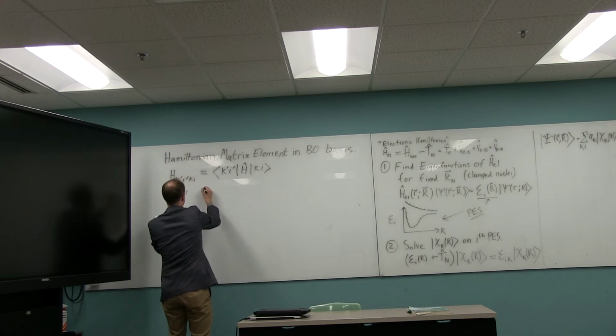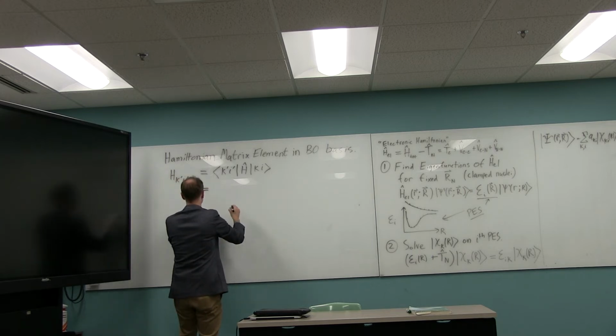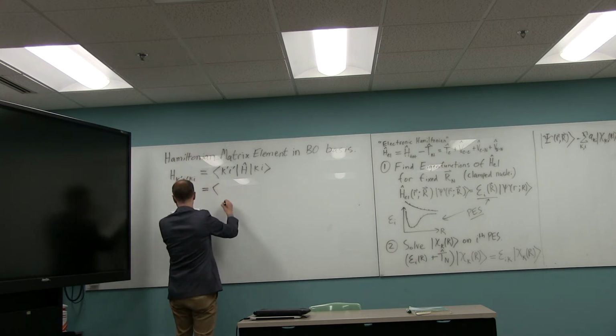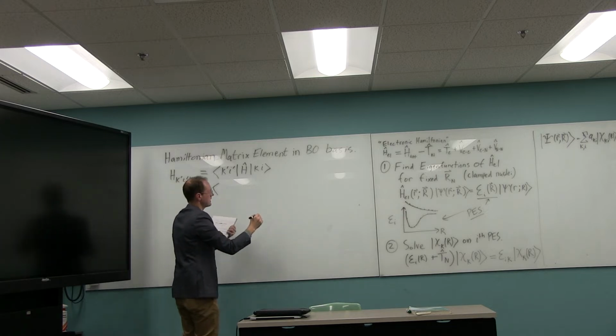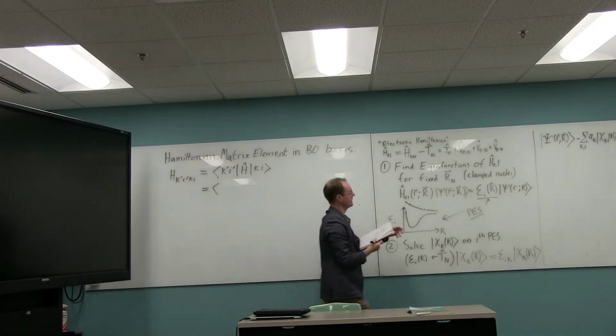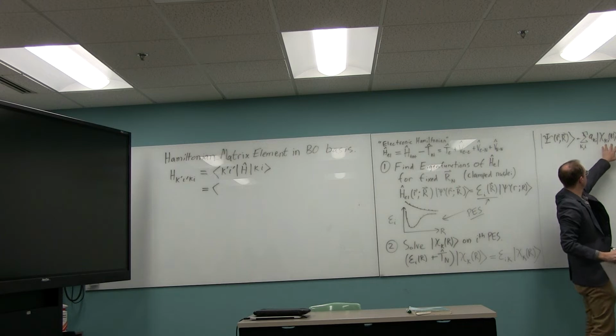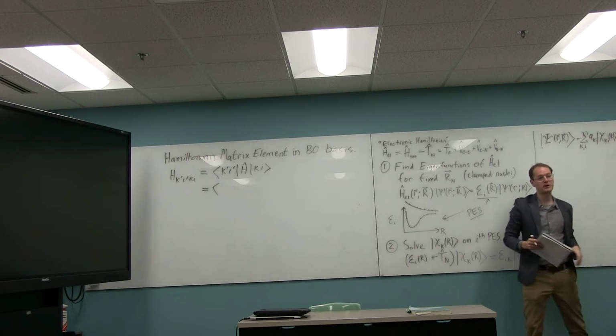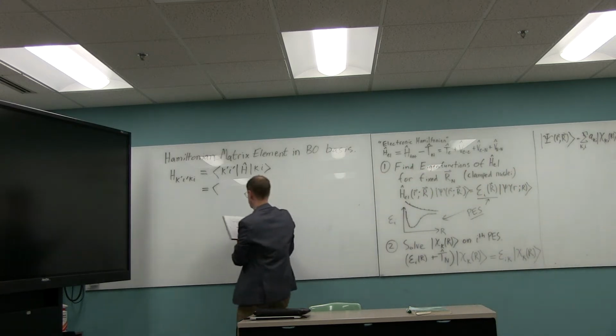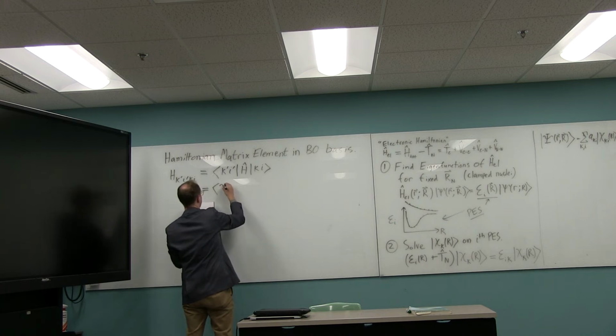Okay, and so for the problem at hand, if we write this out explicitly, in the Born-Oppenheimer basis, we have these product wave functions, right, of a nuclear times an electronic part. And so I can write psi I prime, right? This is the electronic part.